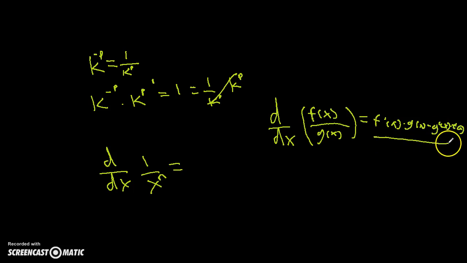All that will be divided by g of x squared. Okay, that's the quotient rule, and like I said, I proved it in the last video, so if you want to go check it out, it's pretty interesting.